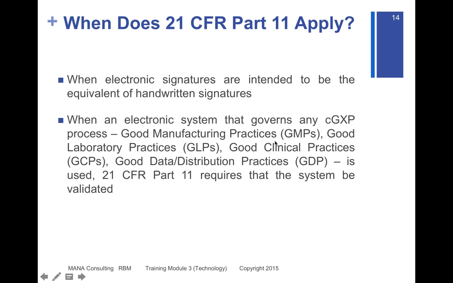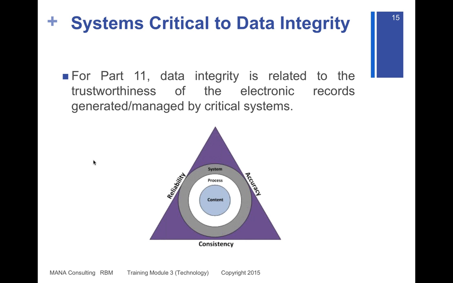And anytime an electronic system governs specific processes, so for us, we aren't working in GMP, but we are working in GCP. So anything that we have to do with maintaining GCP in electronic format, then 21 CFR Part 11 does apply.